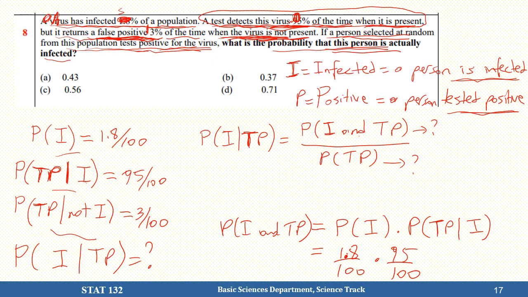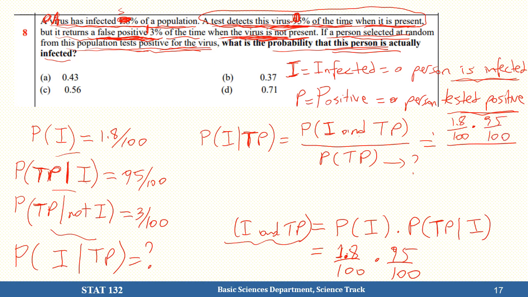This gives us the probability that the person is infected and the test is positive. So we can write this as 1.8 over 100 times 95 over 100.